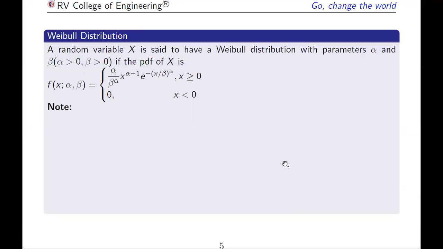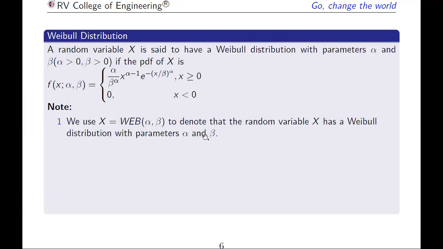We have to note that the Weibull distribution can also be represented as WEB of alpha, beta, wherein alpha is a positive shape parameter and beta is a positive scale parameter.